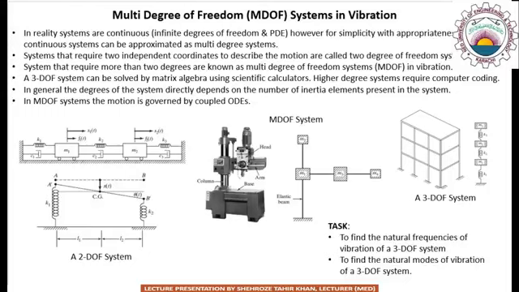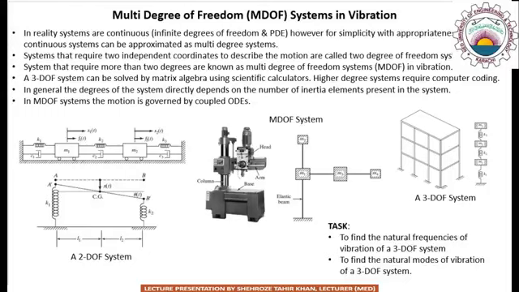So in conclusion, we can say that all real-world systems are continuous in nature. That means these types of systems have infinite degrees of freedom and their mathematical solution is governed by partial differential equations.